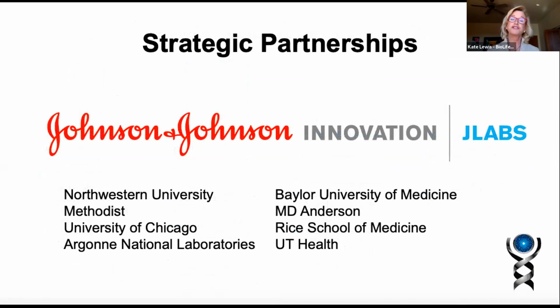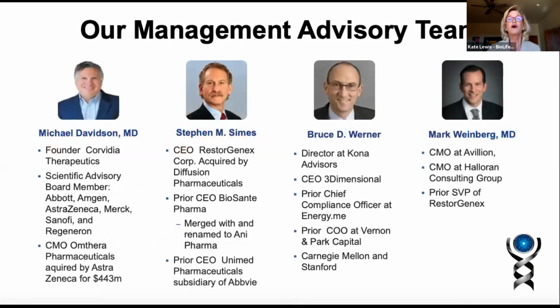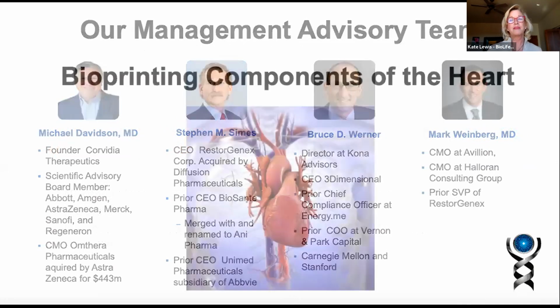We're part of the Johnson & Johnson family, a proud participant within JLabs in Houston. We will never have brick and mortar. We will always conduct our science and all of our licensing agreements out of the Johnson & Johnson lab. We also have affiliates with all of the universities that we can as we go for scalability. Our management advisory team is well seasoned in exit strategies, pre-IPOs, IPOs, SPACs, and patents.